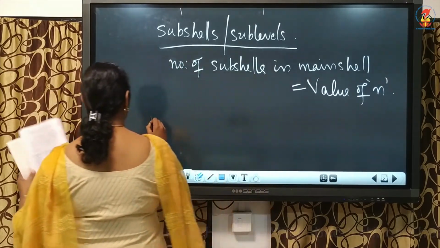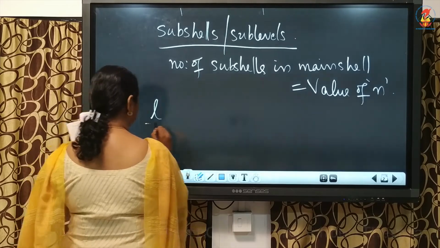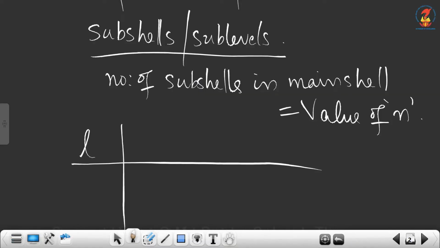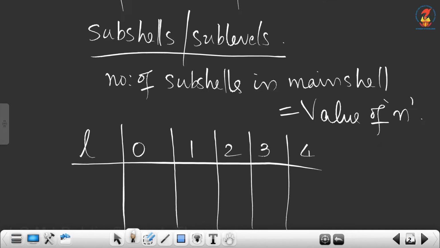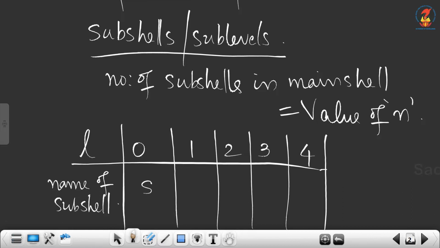Now, L value 0, 1, 2, 3, 4. Now, the name of subshell. If L is equal to 0, the name of subshell is s. L is equal to 1, p, 2 d, 3 f, 4 g.